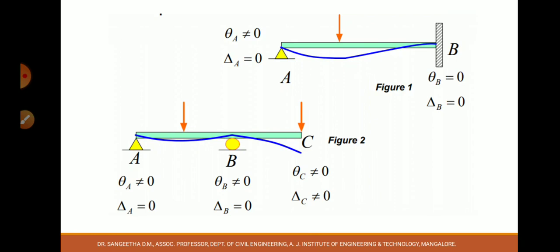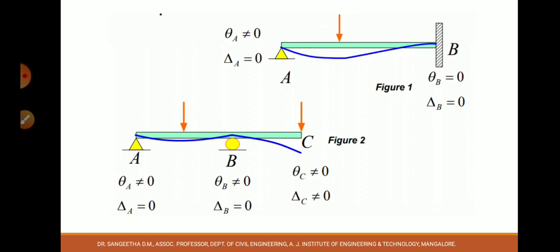At C, both deflection and rotation can happen. It can deflect, and it can rotate, because it is a free end, which is not restrained in any of the directions.